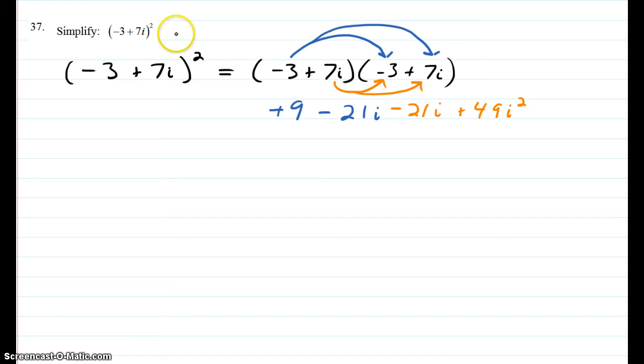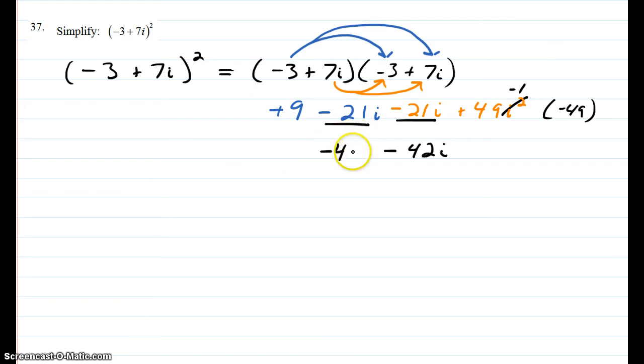So now we combine, and so the negative 21i and negative 21i is going to give us negative 42i. The i squared becomes negative 1, and so negative 1 times 49, this whole thing becomes negative 49. So negative 49 and 9 gives us negative 40.